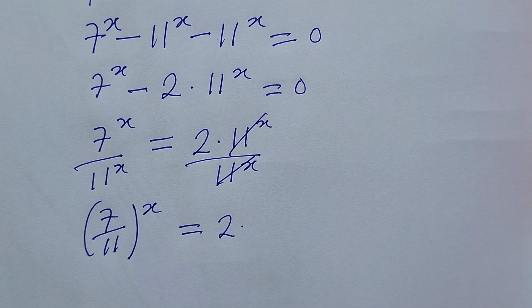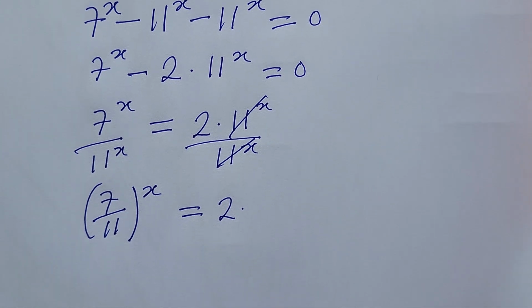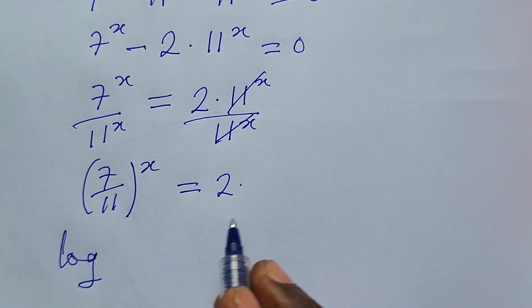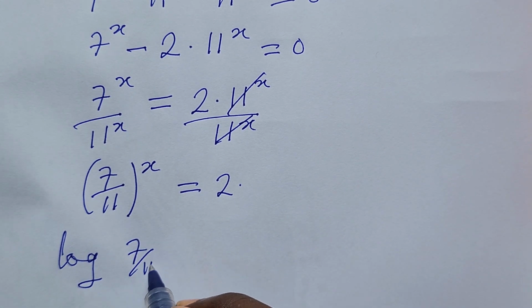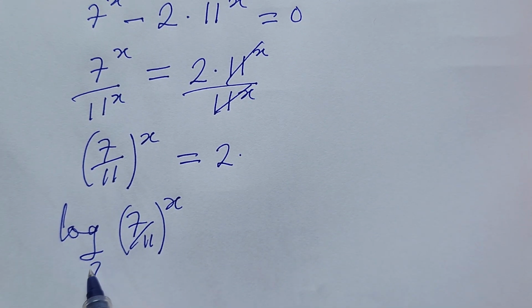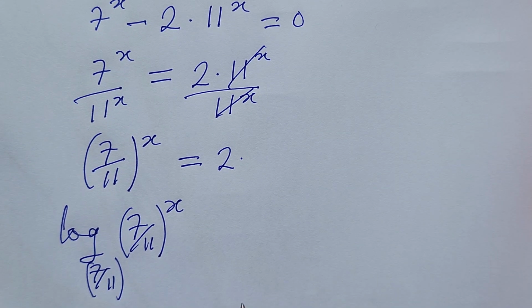Easy. Again, we take log to both sides of the equation. Here we're going to take log to base 7 over 11, again because of this. So if we do that, this is going to give us the log of 7 over 11 all to the power of x, base 7 over 11, right?